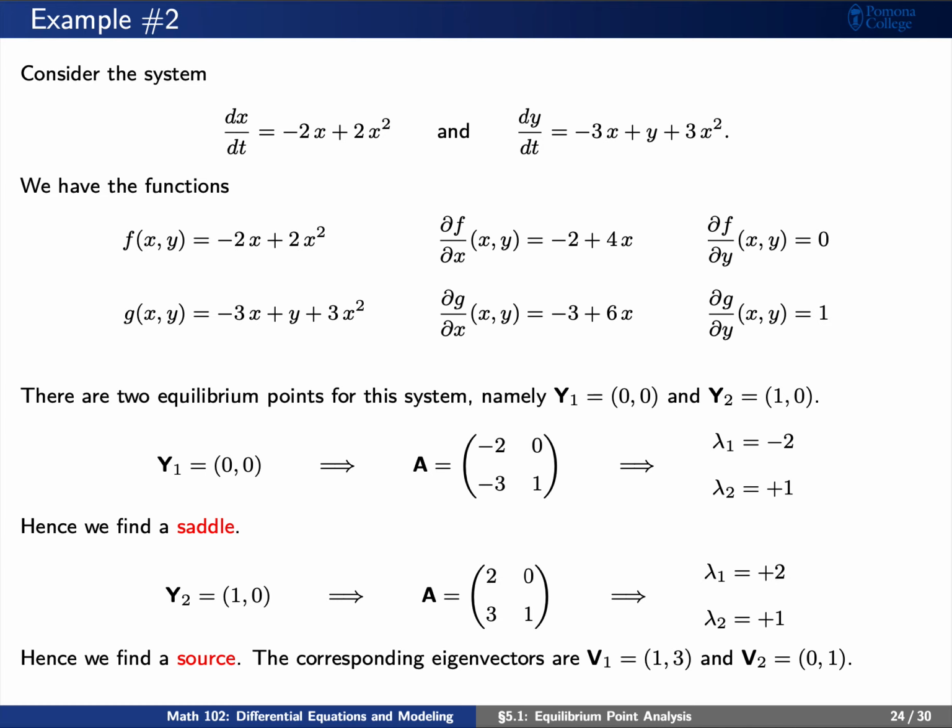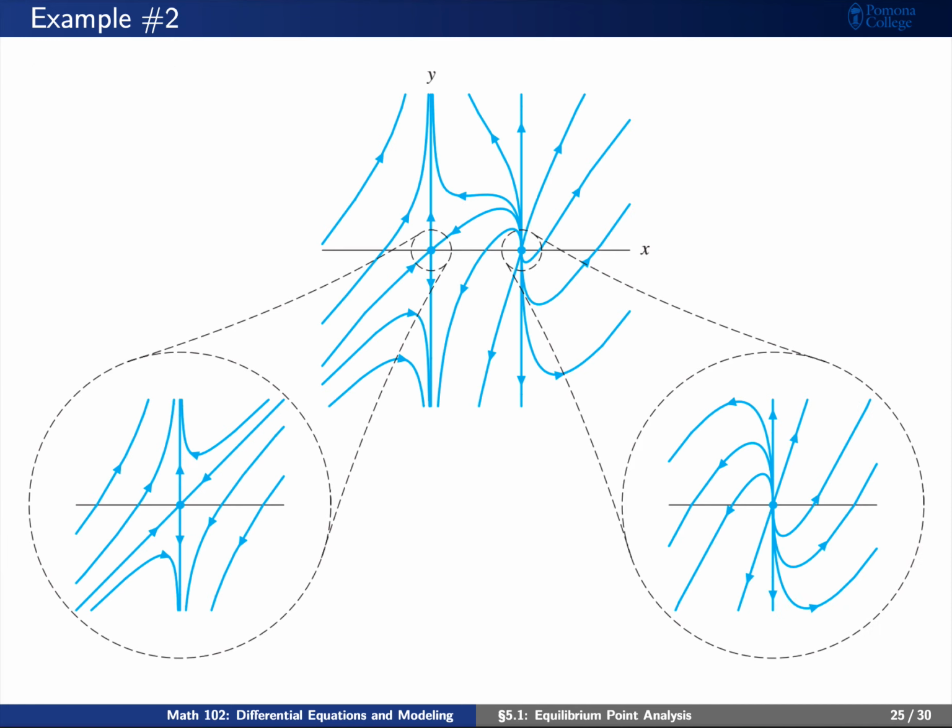The eigenvalues now are lambda 1 equals positive 2 and lambda 2 equals positive 1. Here we have distinct eigenvalues, but actually they are both positive. That means we'll find a source. In fact, the corresponding eigenvectors are (1, 3) and (0, 1), so you can actually see the directions in which we flow along these sources.